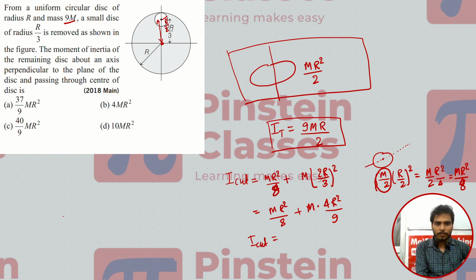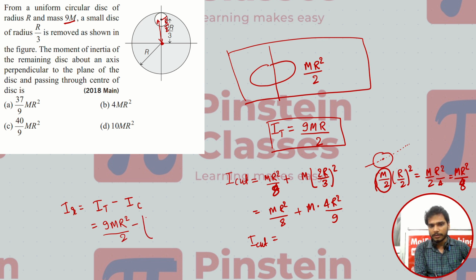So the moment of inertia of the remaining portion will be the total moment of inertia of the disk minus the moment of inertia of the cutout portion. So this will be 9 mr square upon 2 minus mr square upon 8 plus m times 4r square upon 9.